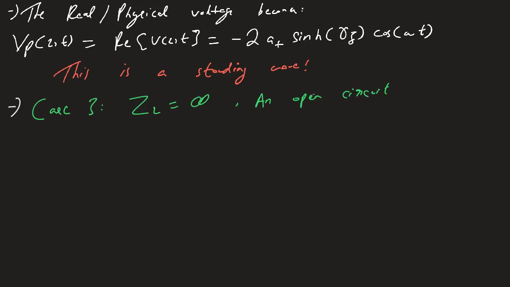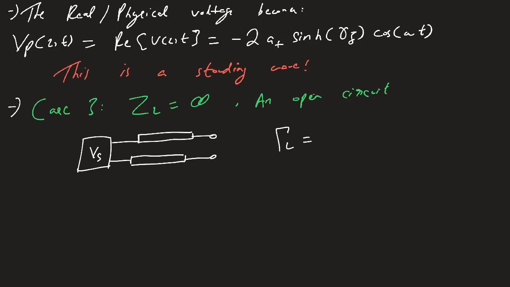The schematic of the scenario looks something like this. This is your source Vs, connected to a transmission line, and the transmission line just terminates.